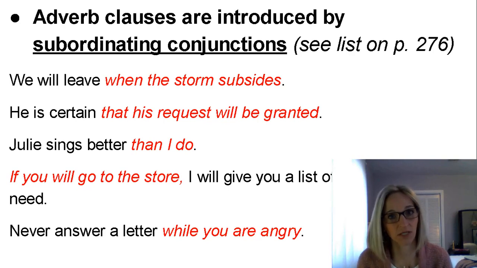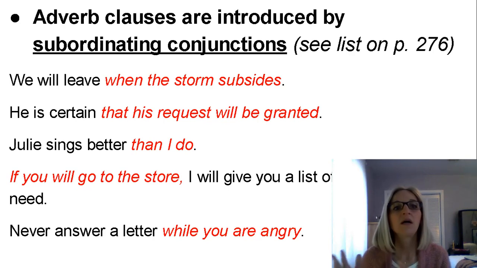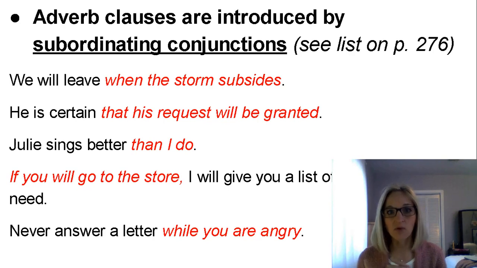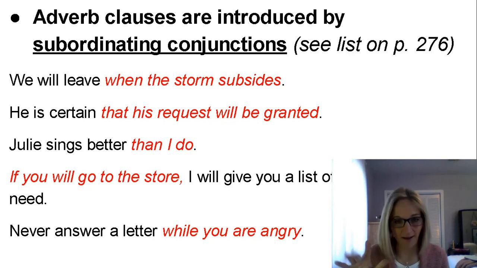So adverb clauses have words that introduce them, just like adjective clauses and noun clauses are introduced by the relatives. Adverb clauses are introduced by subordinating conjunctions. If you look in your book on page 276, number 5 lists those subordinating conjunctions for you.